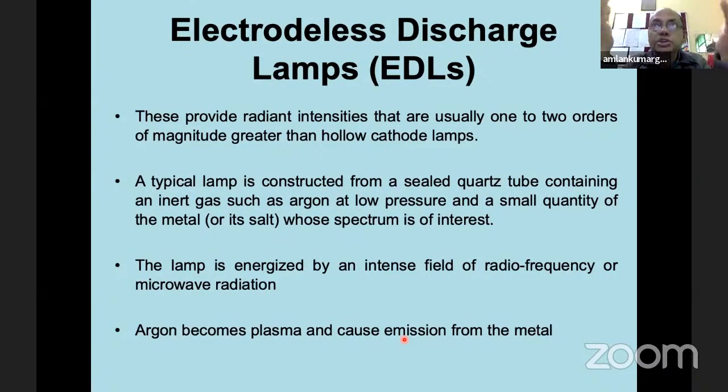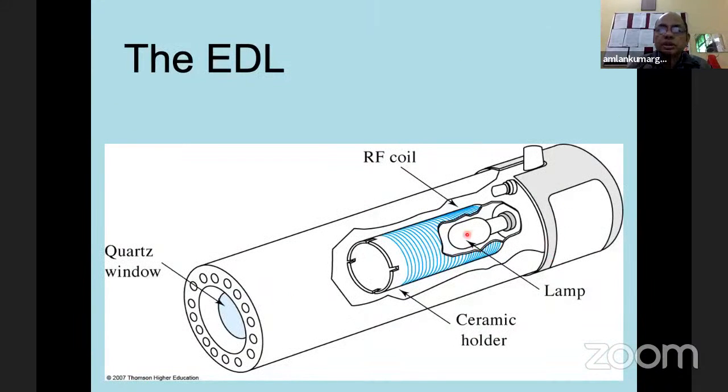It gives out radiation, comes back to the ground state, and then gives out the radiation specific to iron. So these are the light sources. So this is the electrodeless discharge lamp. Here you have the sealed tube, wherein you put your argon and the salt of interest. And this is the radio frequency coil, which is surrounded.